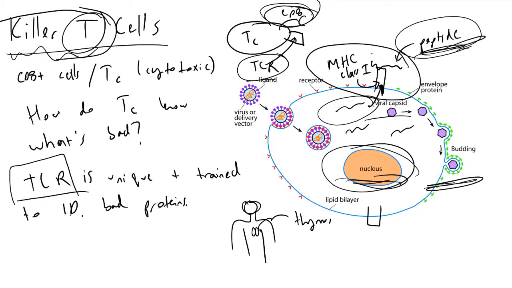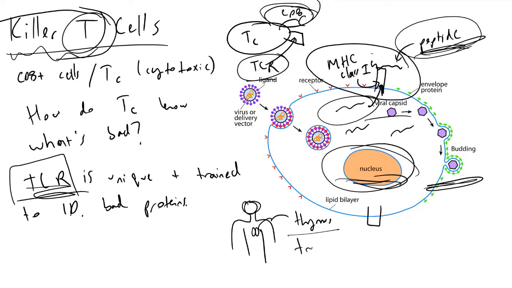And so within your thymus, if there are T cell receptors that have affinity for good guy proteins like insulin or phosphofructokinase, or one of these good guy proteins that we expect to find within your cells, then that T cell will be killed. So the thymus is basically training the T cells to identify.